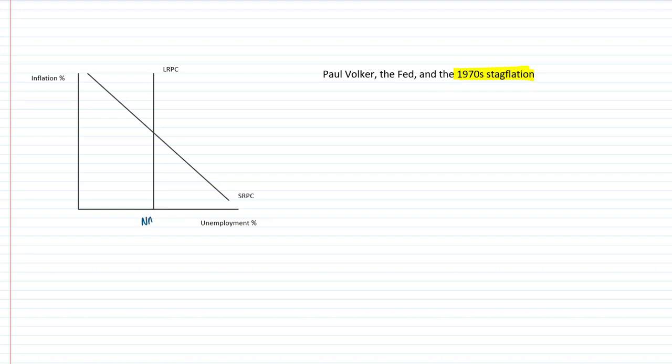We have a level of NAIRU and what we would expect the economy to be doing at any given time, and maybe you expect, again, 5% unemployment to correspond to something like 3% inflation. But in the 1970s, we know that the economy was facing stagflation.